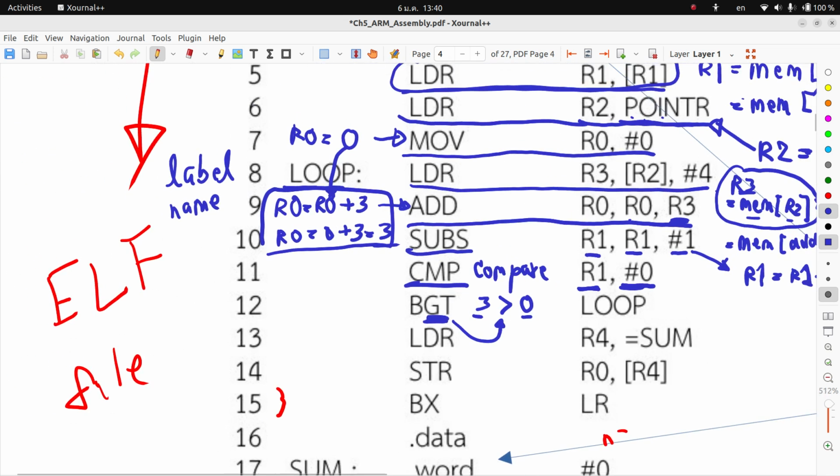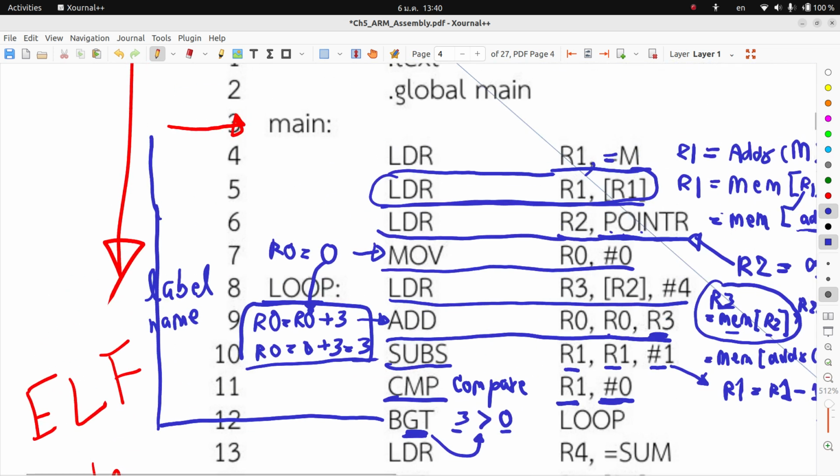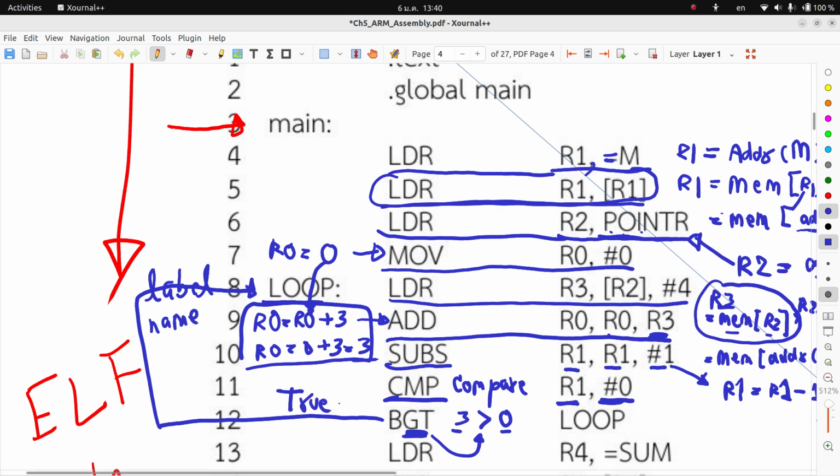That means when it's true, you jump back to loop. You jump to loop location if it's true, and the whole thing repeats again.